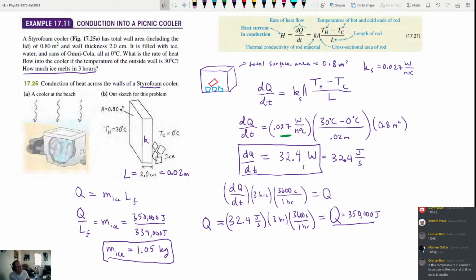I will say that if you get a cooler and put it outside in the hot sun, like on the beach, the ice is going to melt pretty fast. Keep in mind, Christian, this is only 1 kilogram of ice. If you had an actual cooler filled with ice, you'd probably have maybe 3 or 4 kilograms in there, depending on the size. So it's only saying that 1 kilogram of your ice melts, which seems logical to me.